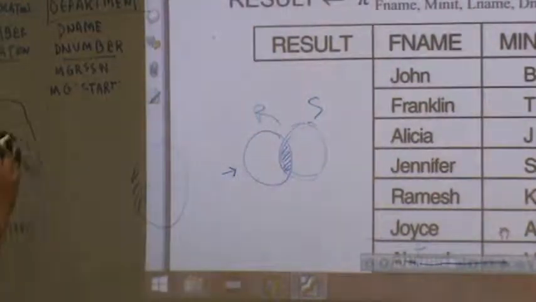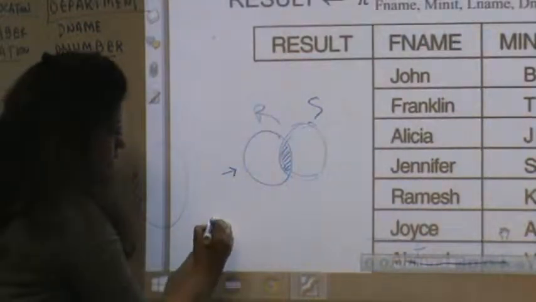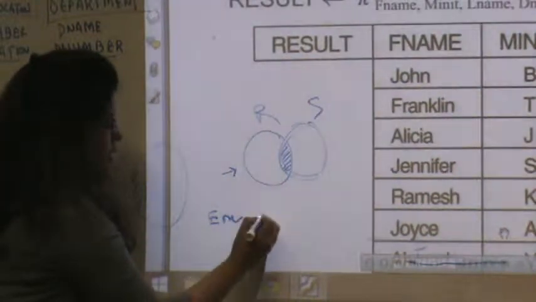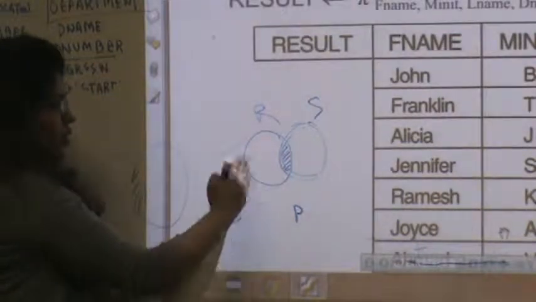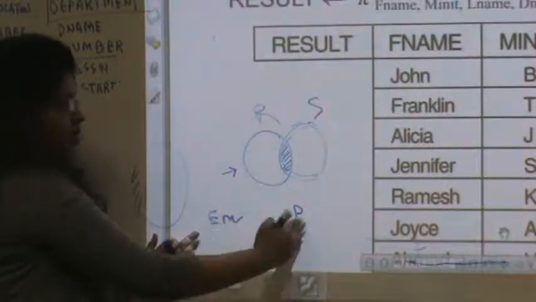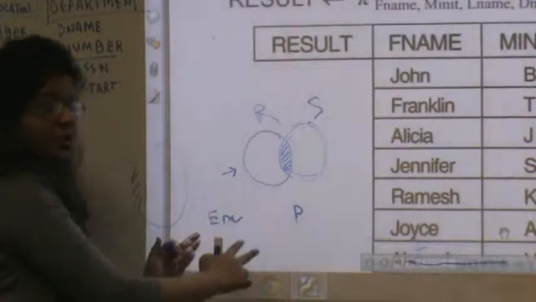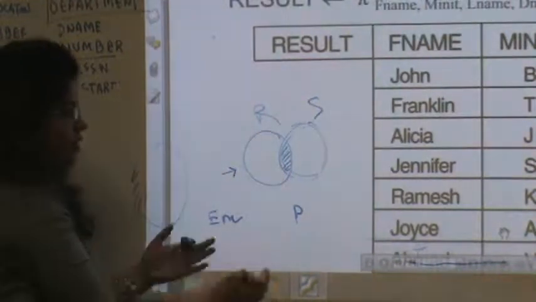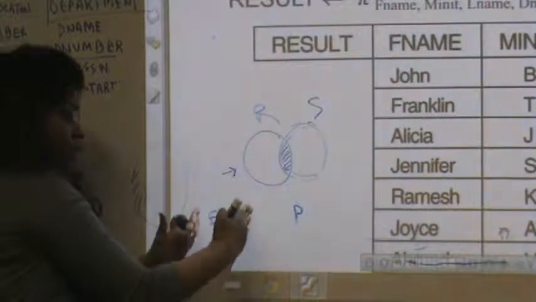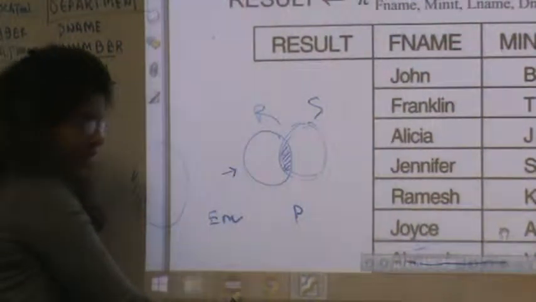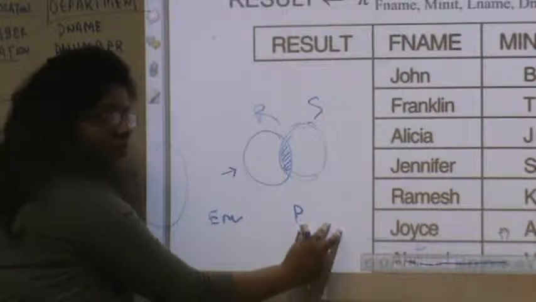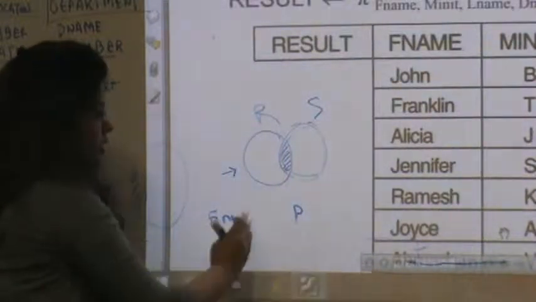So if it says left join with employee and project, then employee is the left table and project is the right table. If they have a common attribute called SSN or whatever, then all the employee table's values are there, and the common values from project and employee.